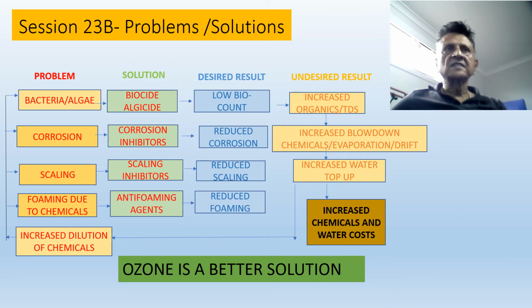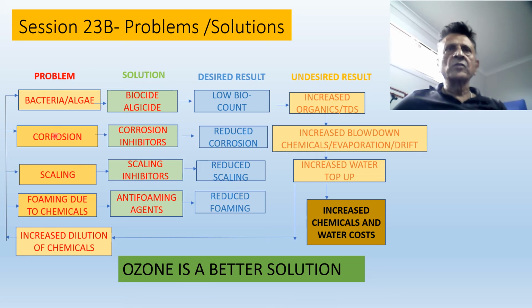This is a chart that I have devised for better understanding. We have a problem where there is bacteria and algae. A solution is to add biocide and algicide. We get a low bio count, but the undesired result will be increased organics and total dissolved solids.